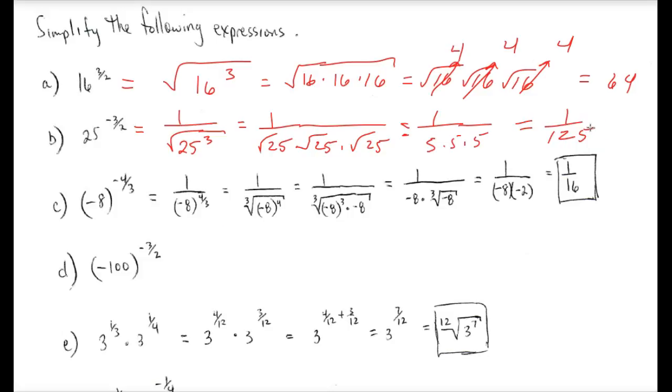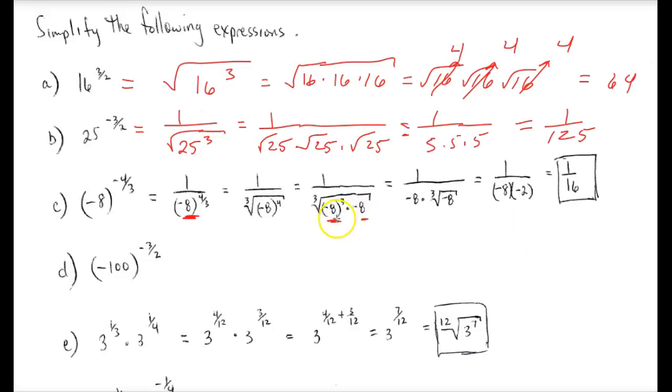Okay. Our next example here, notice that we have a -8 raised to the -4/3 power. So we do the reciprocal rule first. Then after that, we translate our denominator into radical form. And notice that -8 raised to the 4 is the same as -8 raised to the 3 times -8.